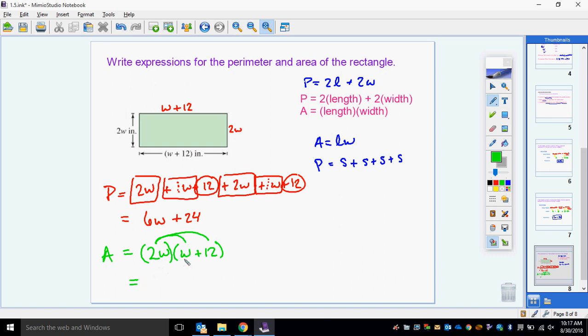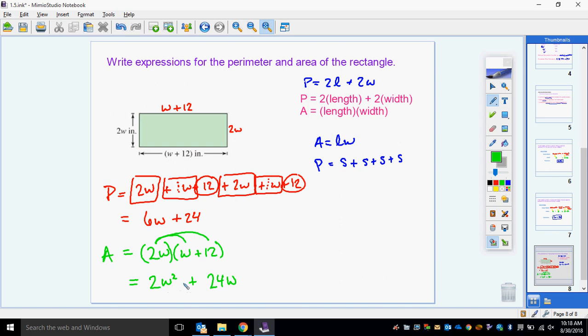So 2w times a w, so that'd be 2 times 1, and a w times a w, which makes w squared. Drop down my addition sign, and I have 2w times 12. 2 times 12 makes 24, and w times, there's no other w here, so it's just w to the first power, so we're going to write 24w.